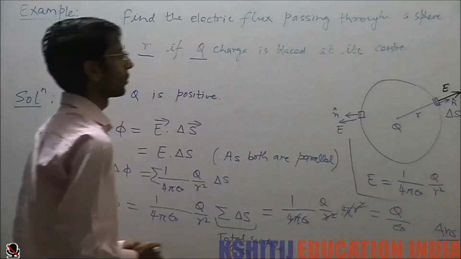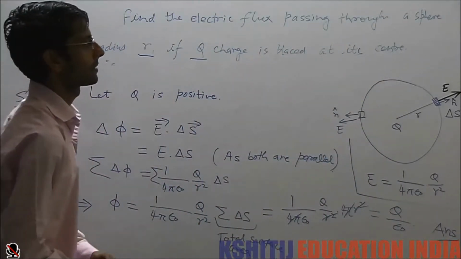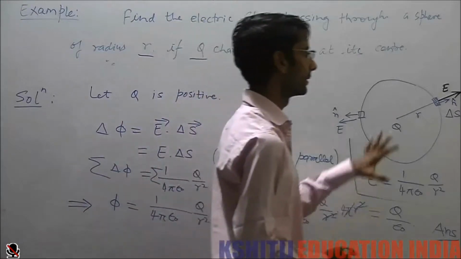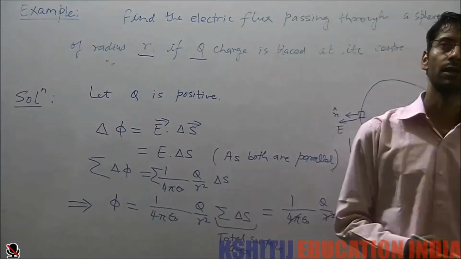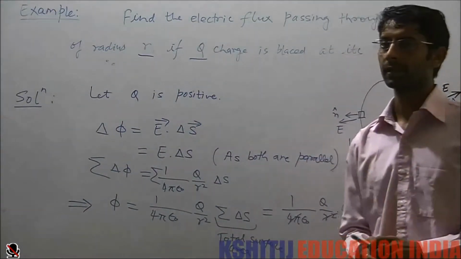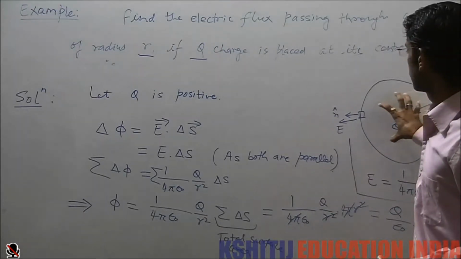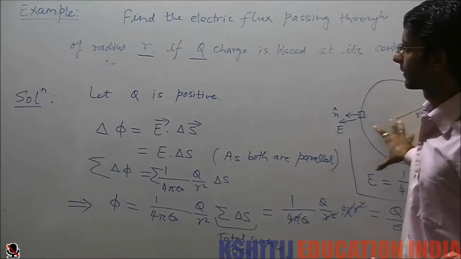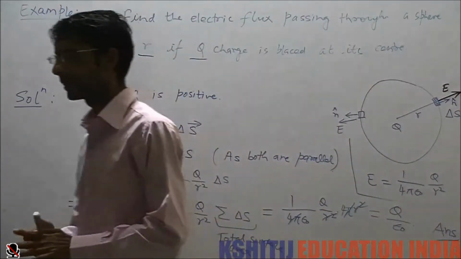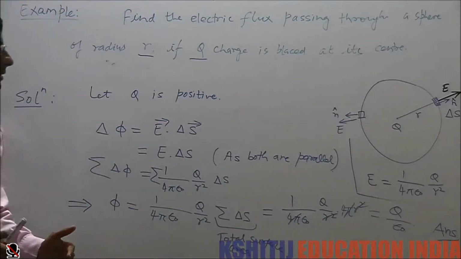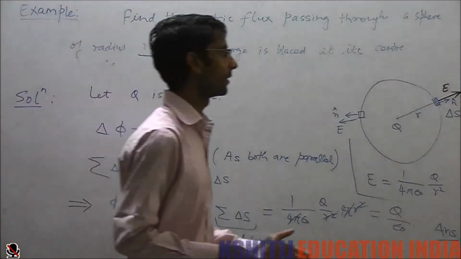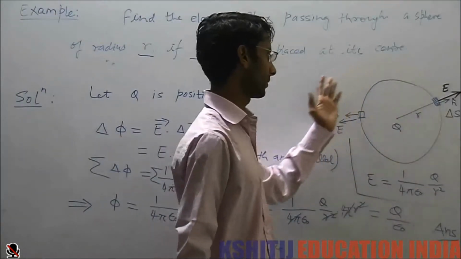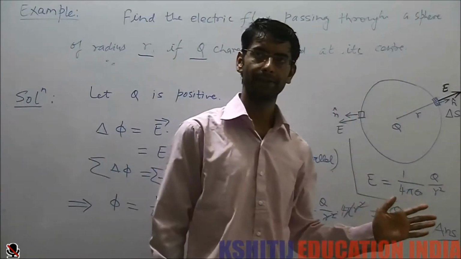That means the total flux passing through this sphere having q charge at its center. So we can also do this kind of question when electric charges are present and we are looking for the flux passing through a particular surface area.